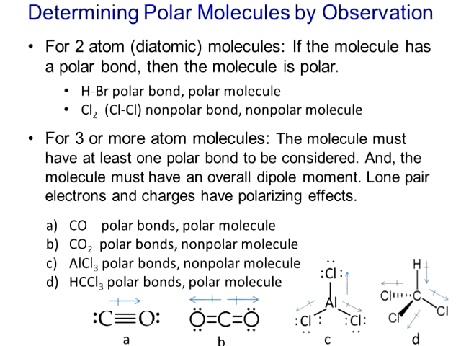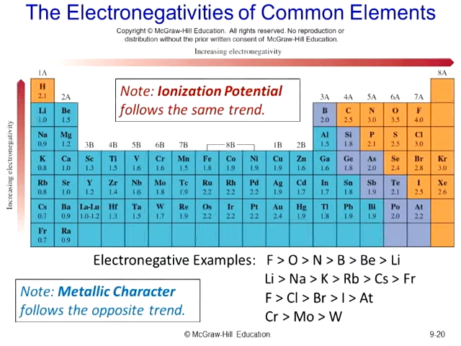So, as soon as you see two atoms that are different in a diatomic molecule, that is a molecule having only two atoms, straightforward, it is polar. And the direction of the dipole is toward the most electronegative atom. The most electronegative atom or element is the one that's located to the farthest right or near the top, furthest up to the top of the periodic table.